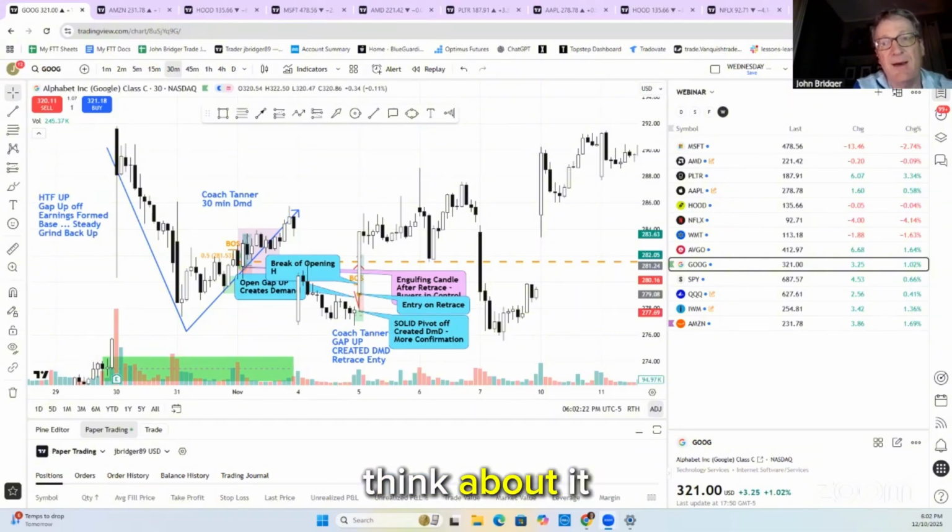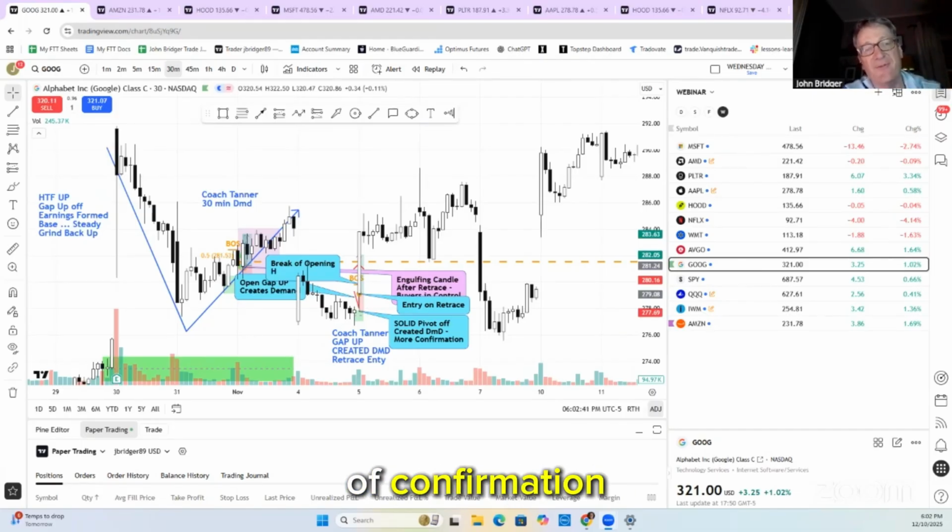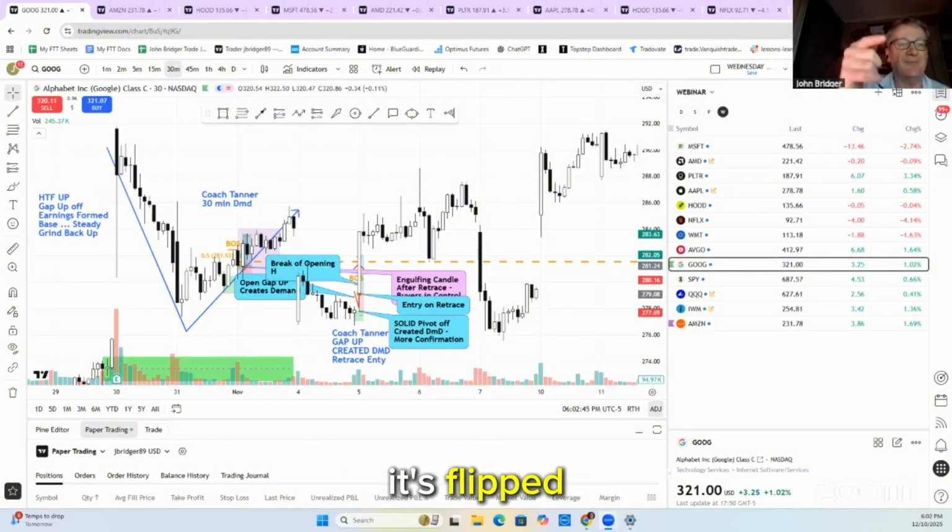Because if you think about it, breaker structure simply means you've got some signal that indicates that the trend has reversed for that day, in favor of your trade. So price came in, tapped that zone, and then you're looking for some kind of confirmation, and we use the word break of structure, that says yes, it's flipped and it's in the direction of the trade that you want to take, and you take the trade. So we'll talk about that.